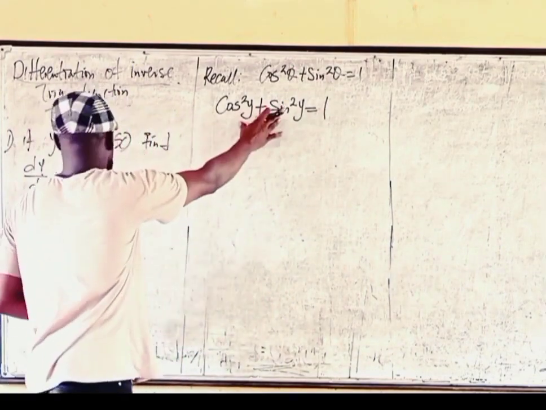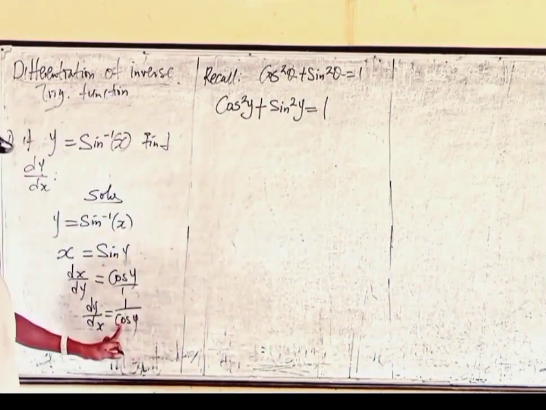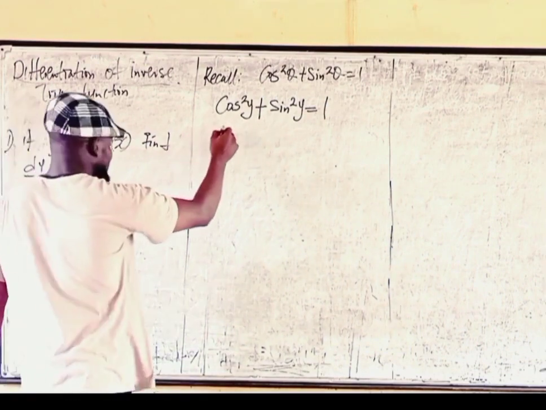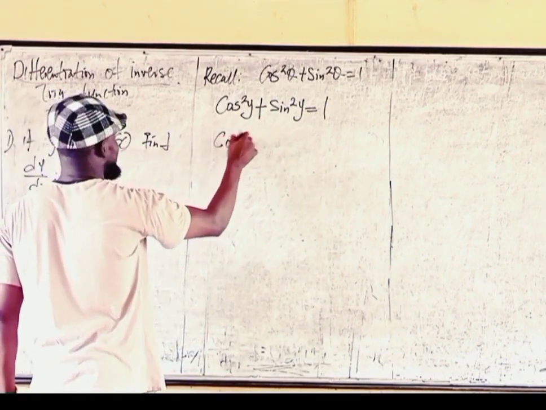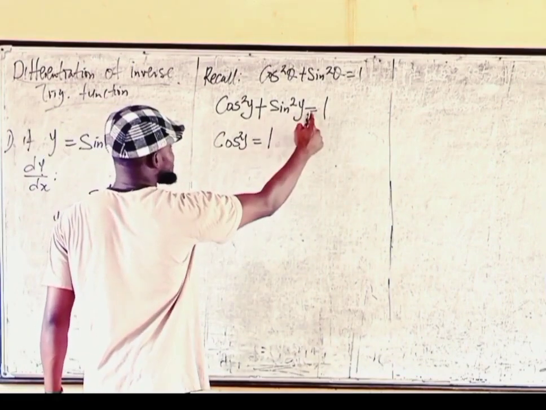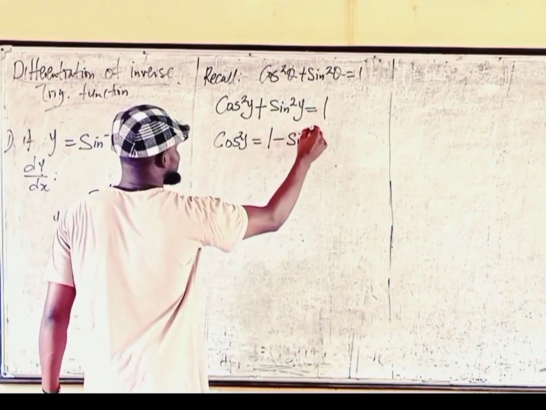So from here, we can get cos y by making cos the subject of the formula. Cos square y will be equal to 1 minus sine square y.